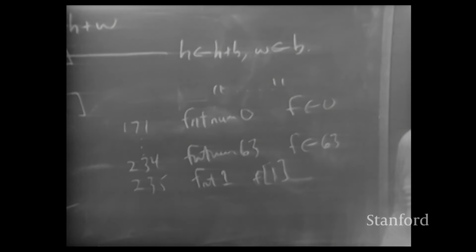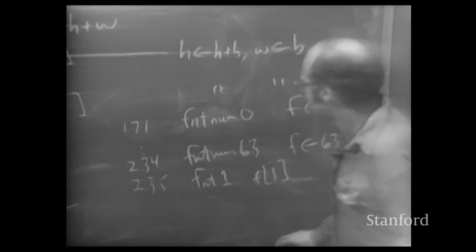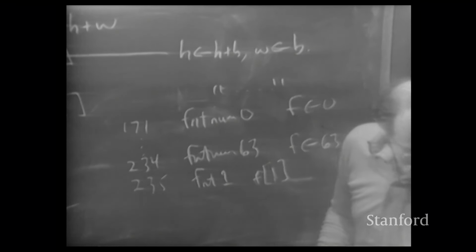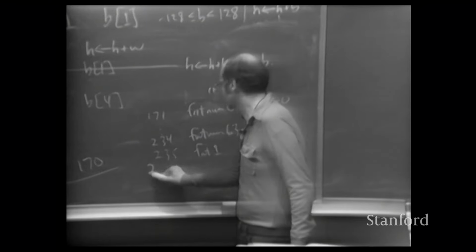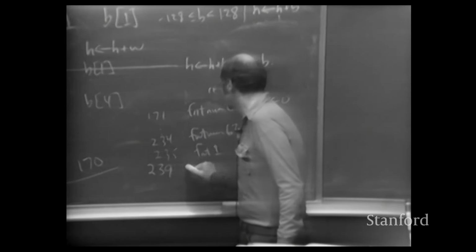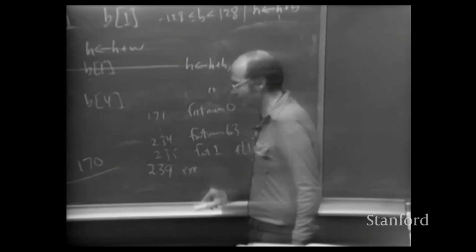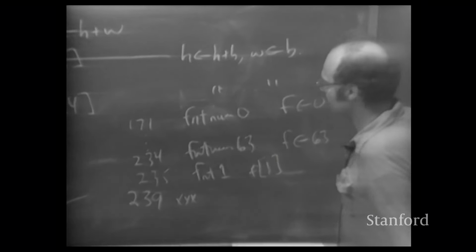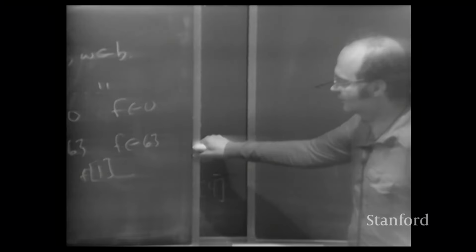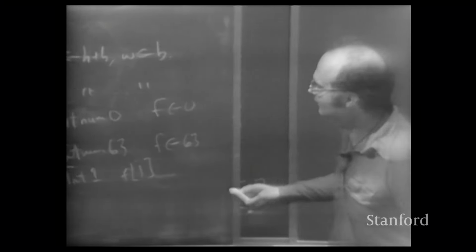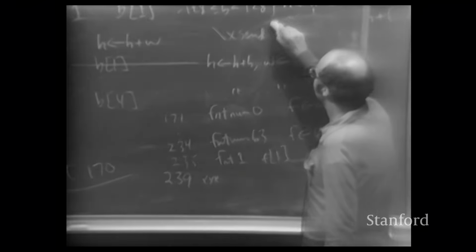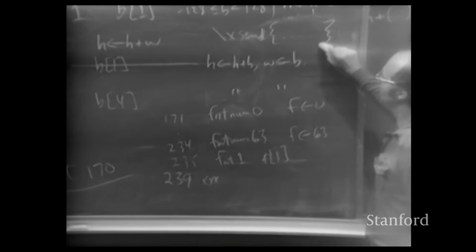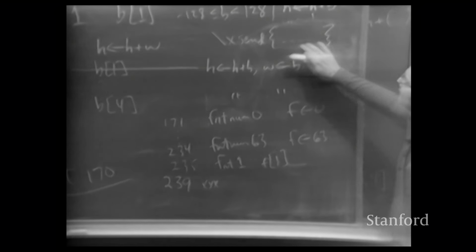Well, there's 2 more opcodes, and then it's done. Font 4 is 238, so 239 is XXX. This is what comes out of the XSend instruction, and so people will be interested in this for extensions to TeX. When somebody says XSend in TeX, and then you give something here, this is expanded as if it was in an XDEF.